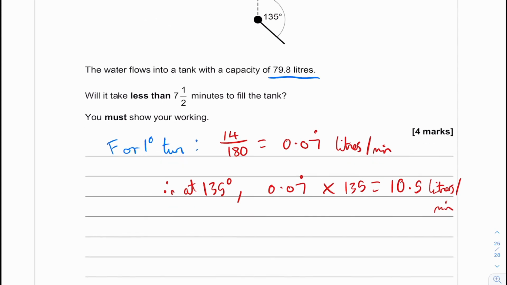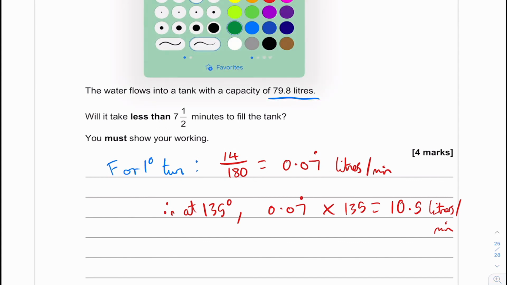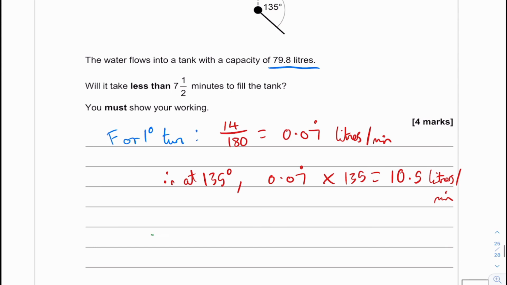So we now need to work out how long will it take to fill the tank at a rate of 10.5 litres per minute, and the tank has a capacity of 79.8 litres. So what we can do is say 79.8 litres divided by our rate of flow, which is 10.5. 79.8 divided by 10.5 is equal to 7.6.